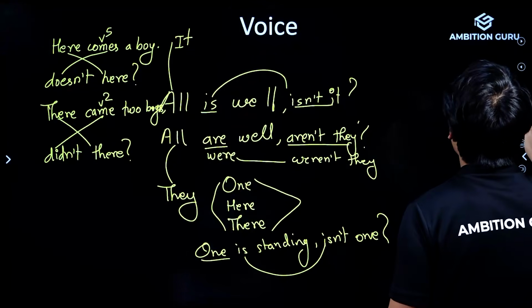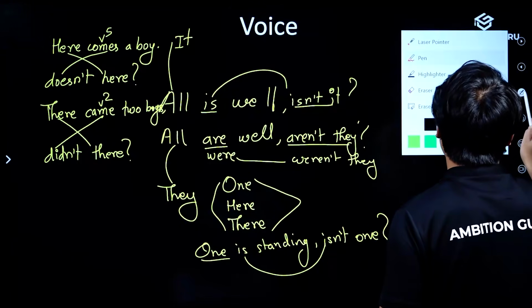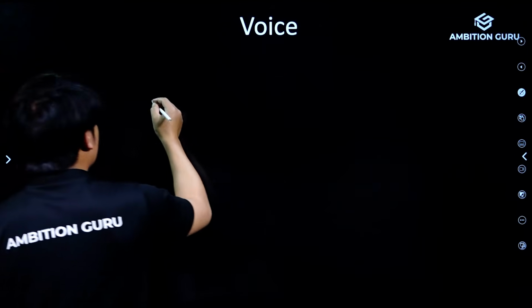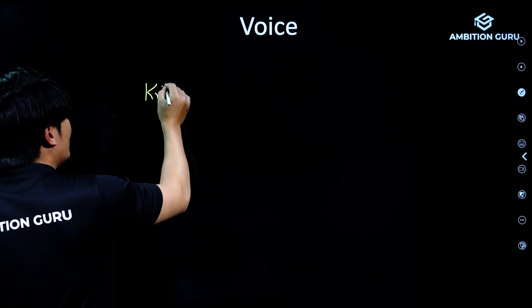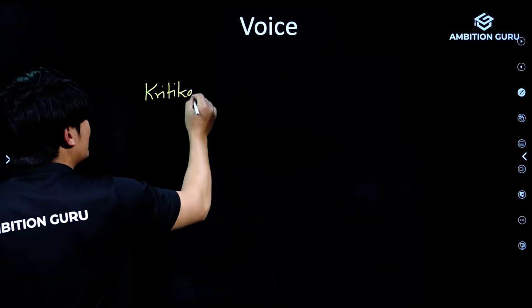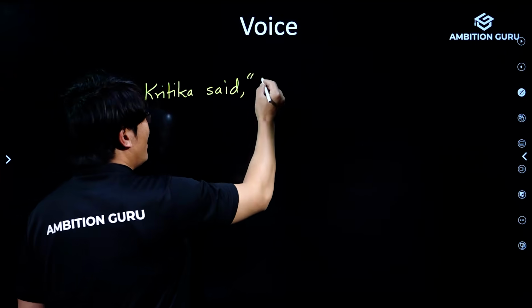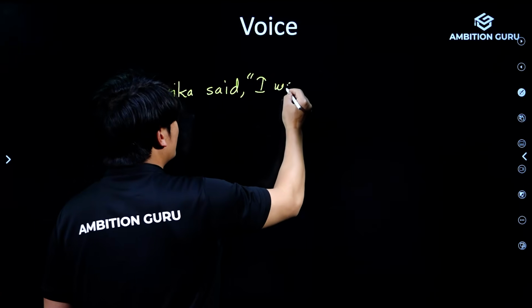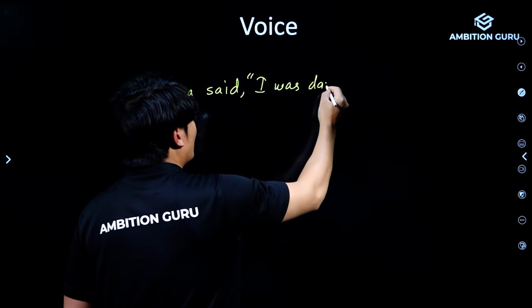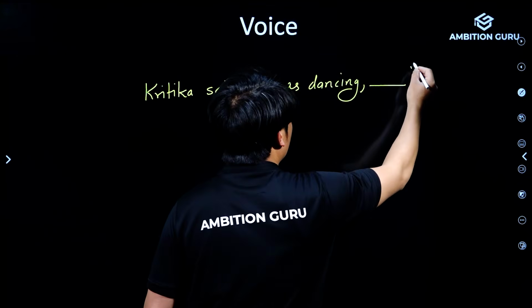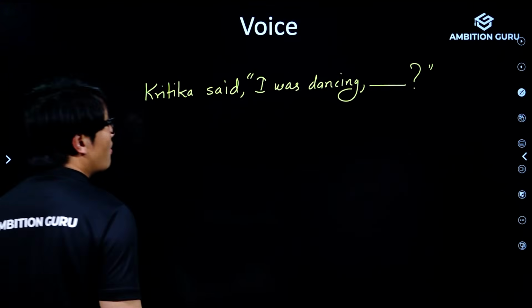Okay. Now next question. Most of the students are in confusion. Like, Kritika said, in inverted commas, I was dancing, and here is a comma, here is a question mark, and here are inverted commas.